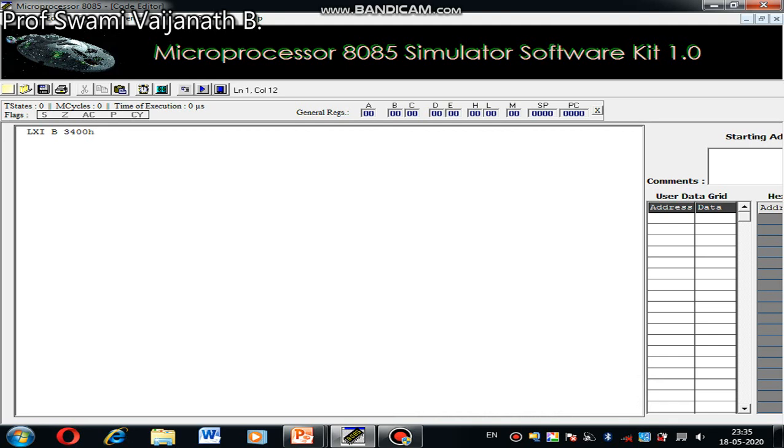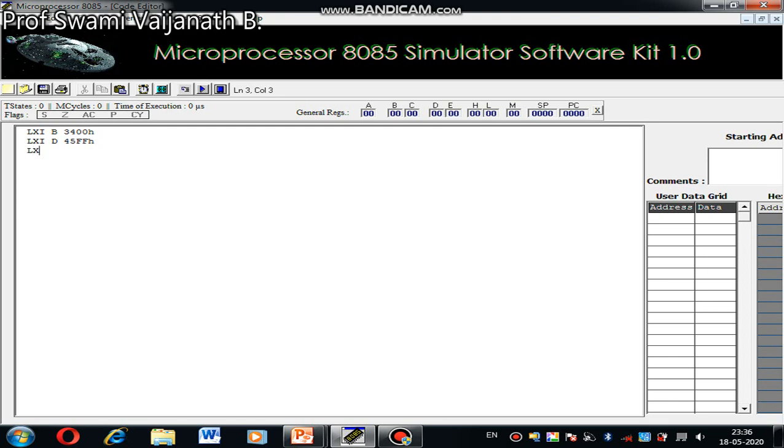That means in the B register you have 34H and in the C register 00H when this instruction is executed. If I give LXI D, 45FFH, then what happens? The address of the DE register pair is 45FFH. Then the D register has 45H and the E register has FFH.